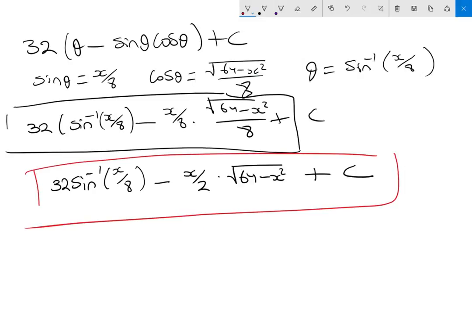This is the solution with respect to x, by finding the values through the triangle.